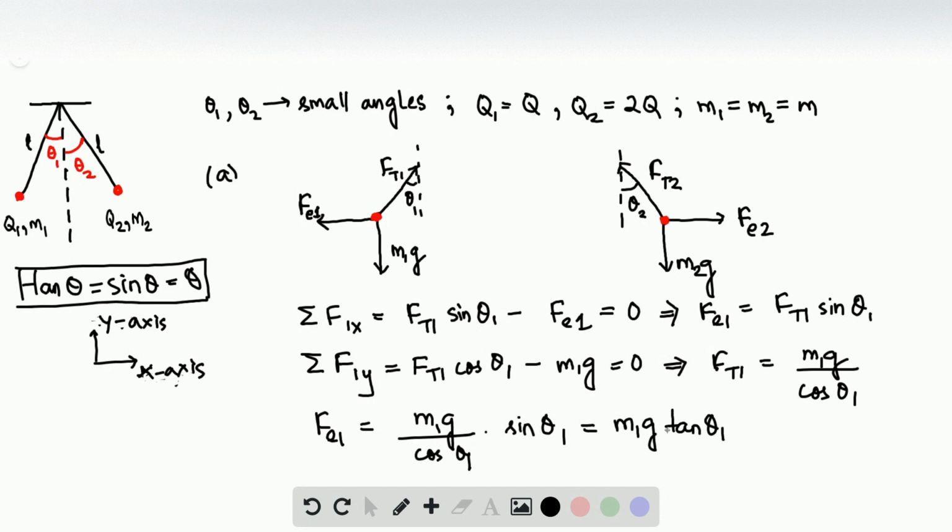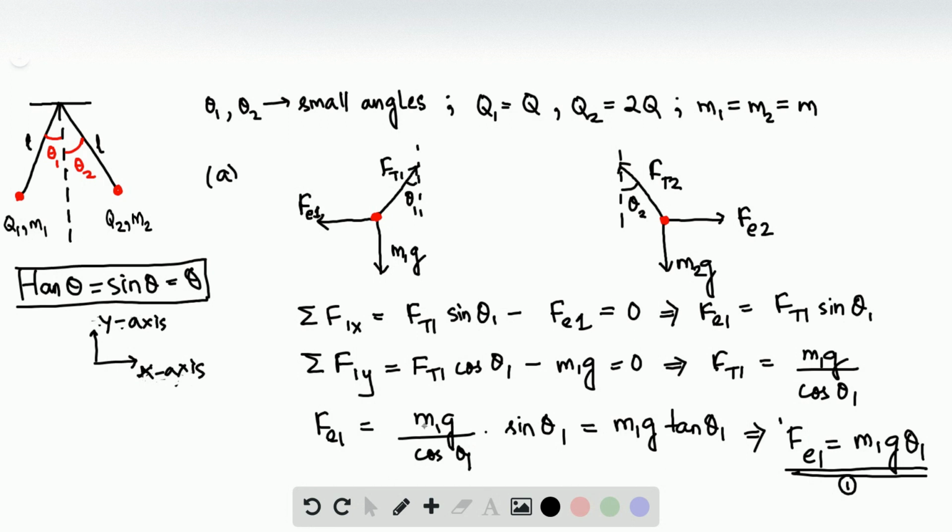Now, using our small angle condition that we described here, we get this force Fe1 to be equal to m1g θ1. Let's call this our equation 1.